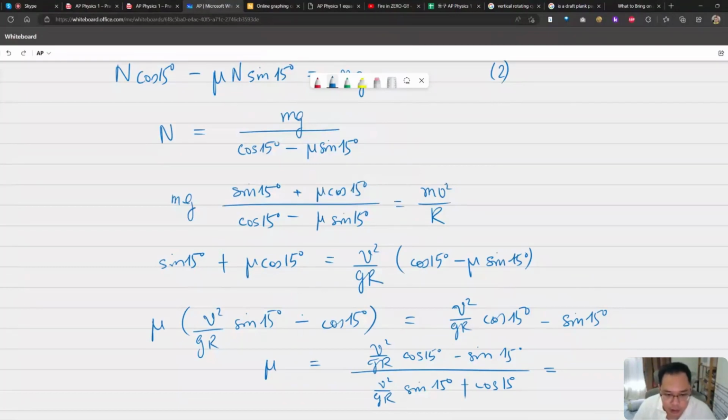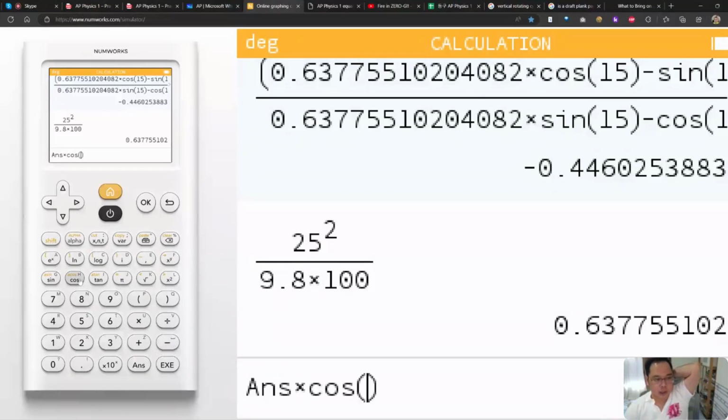Mu common factor, moving that, plus sign here. V squared over gr times cosine 15 and then subtract sine 15. Add sine here. Times cosine 15 minus sine 15.